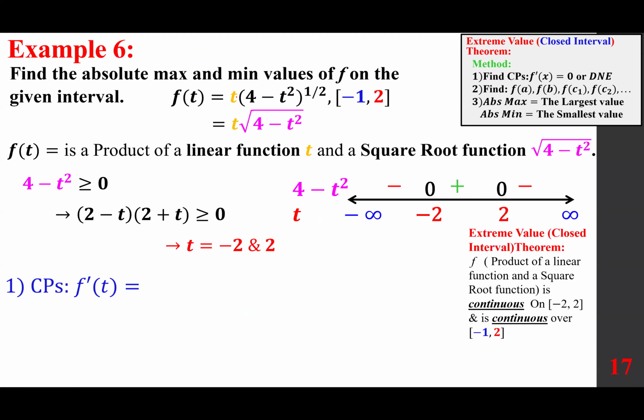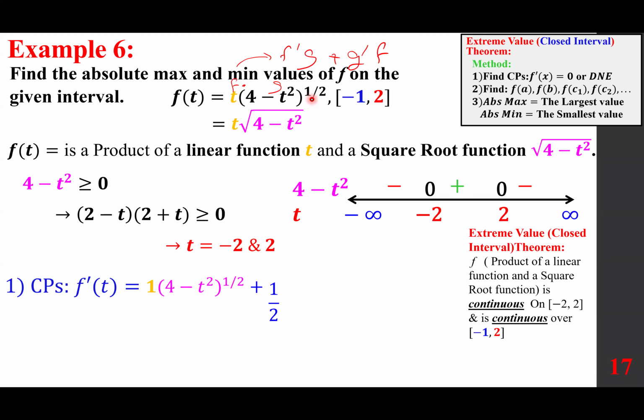So this is f, this is g, f prime g plus g prime f. So f prime, the derivative of t, is 1 times either this one or that one, it doesn't matter, times 4 minus t squared to the power 1/2. But for g prime, we're going to use this one instead of that.